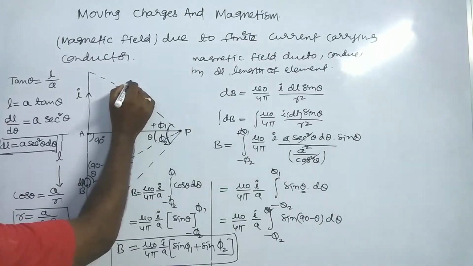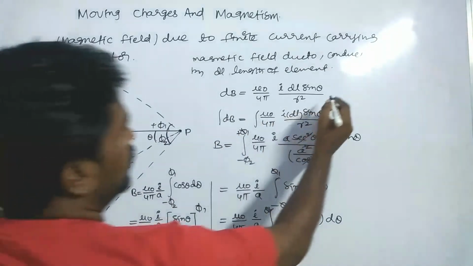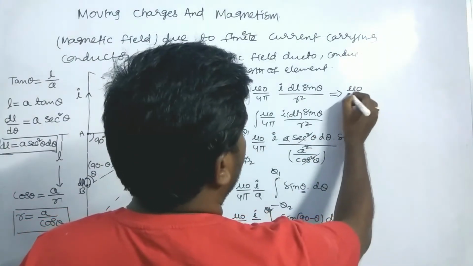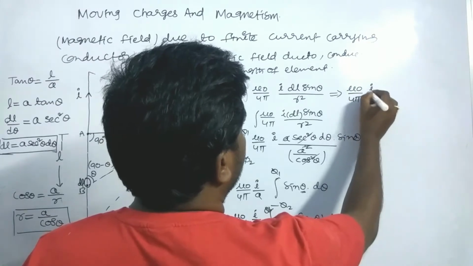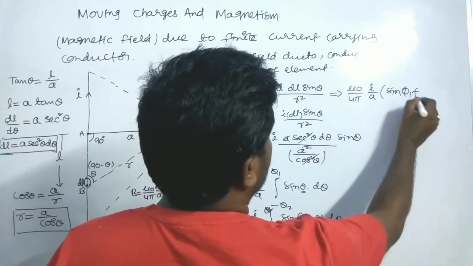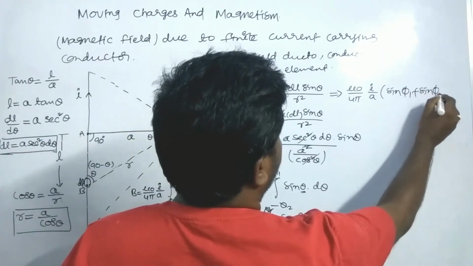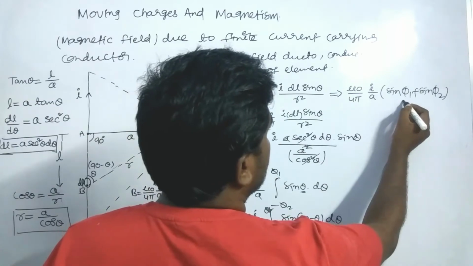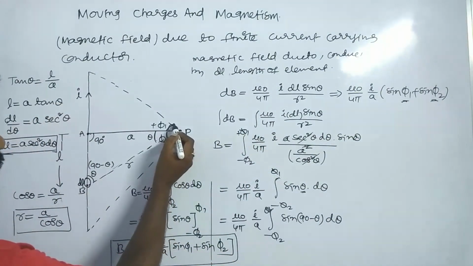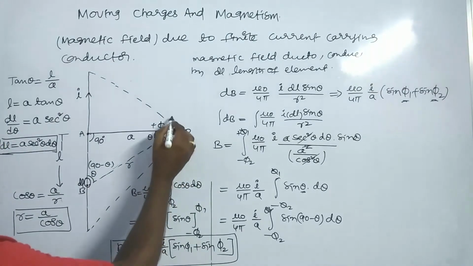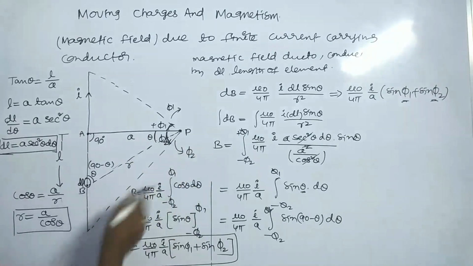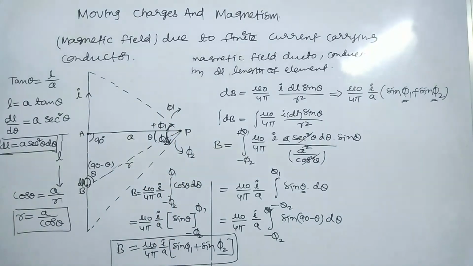So here B is equal to mu naught by 4 pi I by a, sin phi 1 plus sin phi 2, right? So these phi 1 and phi 2 are the angles here. This is the upper side and this is the lower side. So this is phi 1 and this is phi 2. These are opposite to each other, right?